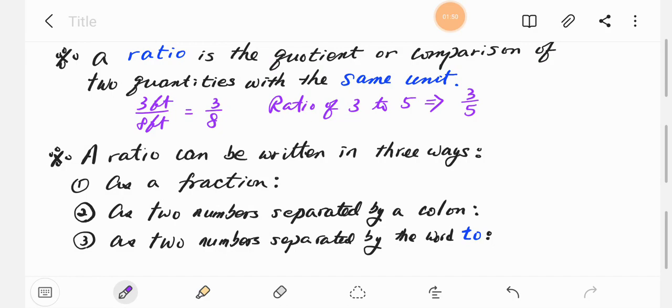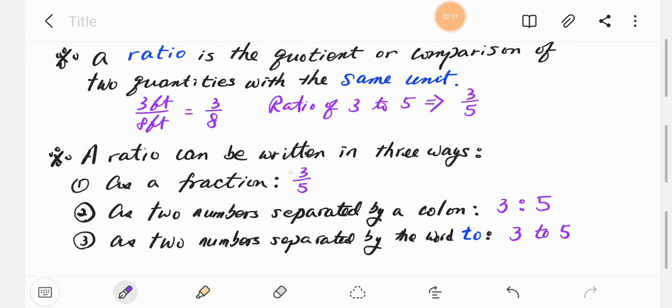You can write it as a fraction, 3 over 5. Or you can separate the numbers 3 and 5 by a colon, so 3 colon 5. Or you can write it using the word to, so 3 to 5.